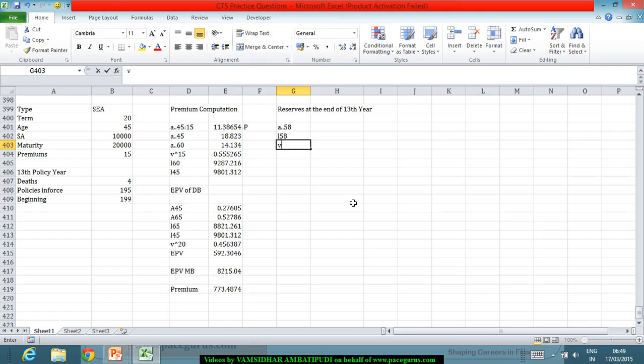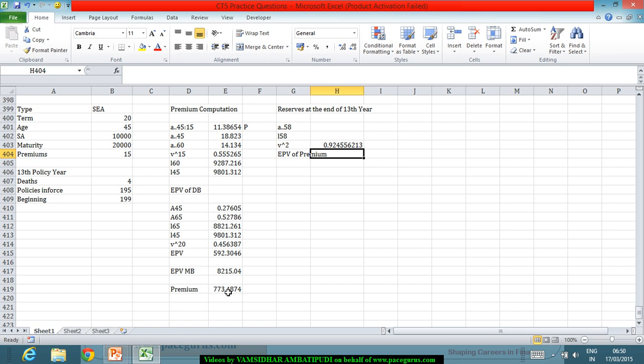And then I also require V^2, 1 by 1.04 to the power 2. So at least the expected present value of the premium I can directly get, which is the premium amount times these values I have to compute.